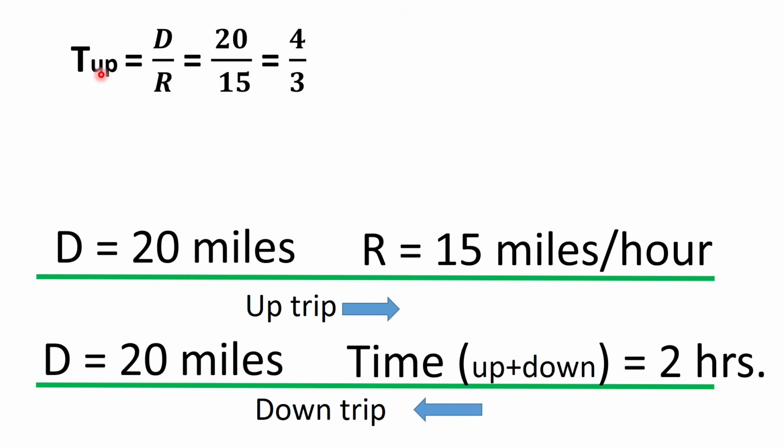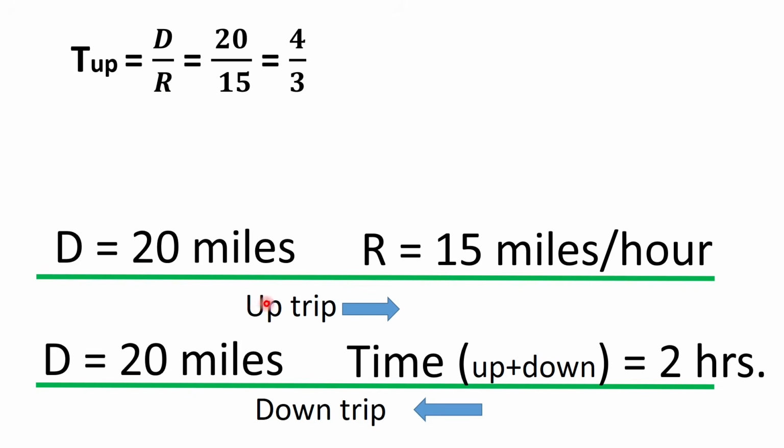So this is your distance and this is your velocity or speed, represented here by r. Distance is 20 miles and the speed is 15 miles per hour. It will give us 4 divided by 3, because if we divide both the numerator and denominator by 5, it gives 4 divided by 3 hours.